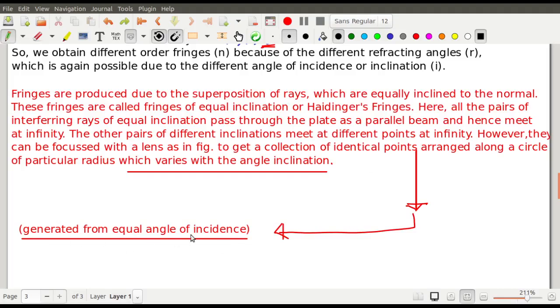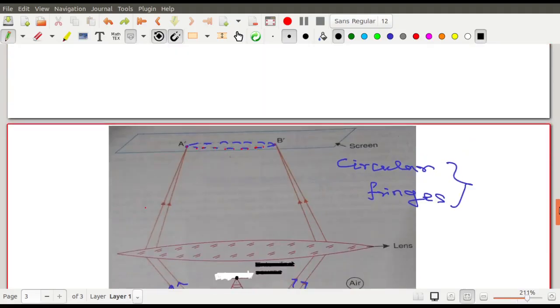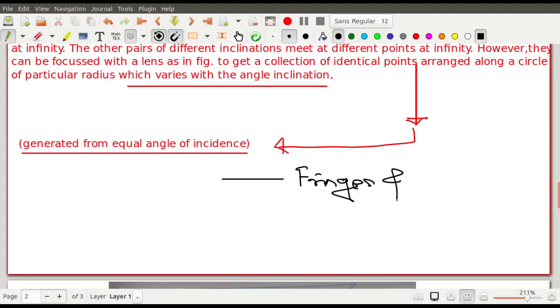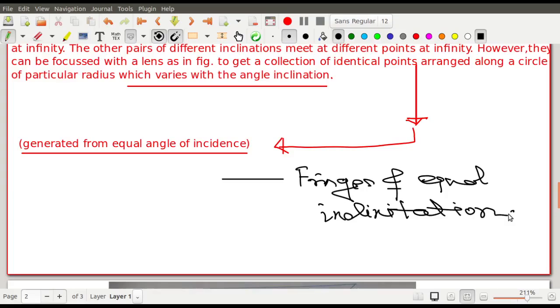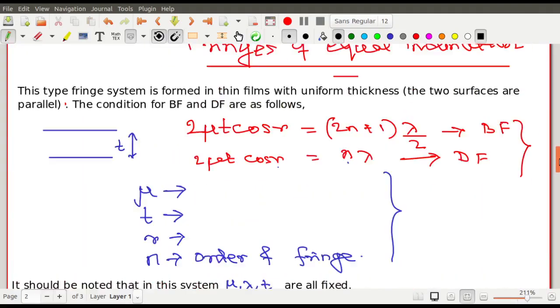I have written this equal angle of incidence a number of times so that you understand why those are called fringes of equal inclination. If somebody asks you why they are called fringes of equal inclination, you will say that all the points that lie on the circle are generated from the same angle of inclination. So that is why they are called fringes of equal inclinations.